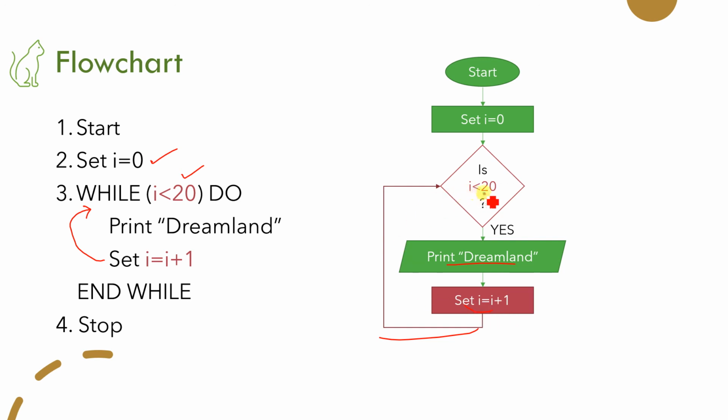So 3 is less than 20, then print dreamland, and things continue. At some moment I becomes 20, so 20 is less than 20, the condition is false, and at that moment we come out of this loop and go to stop.